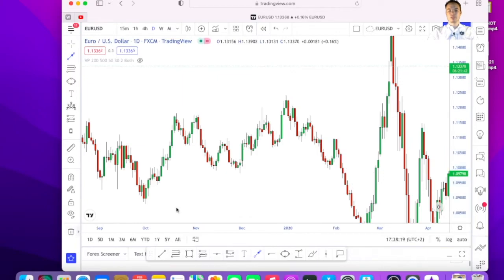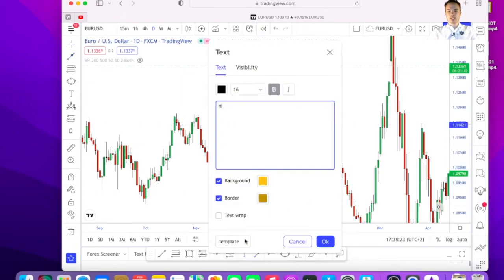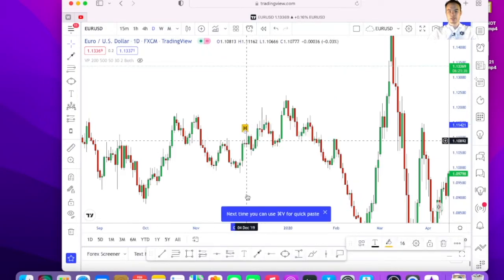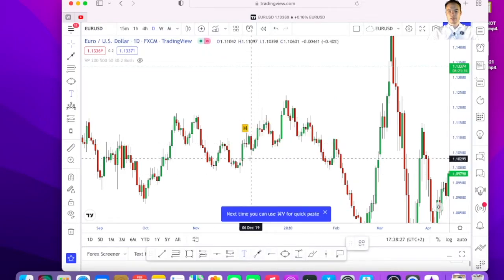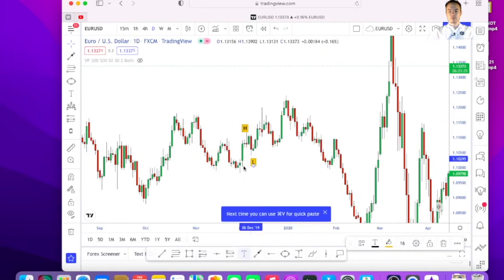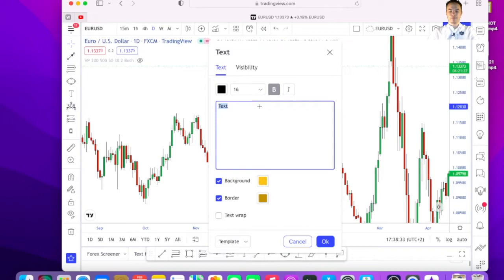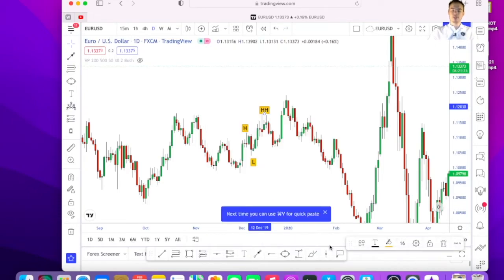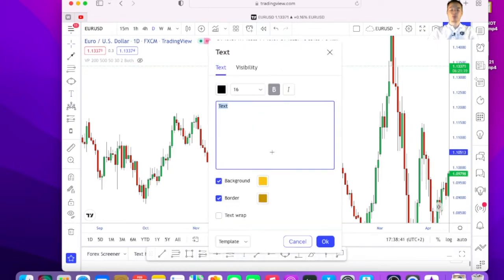So let me show you here. Okay, let's call that a high. Here is a low, higher high. Why? Because it's higher than the previous high. Higher low. Why is this a higher low?